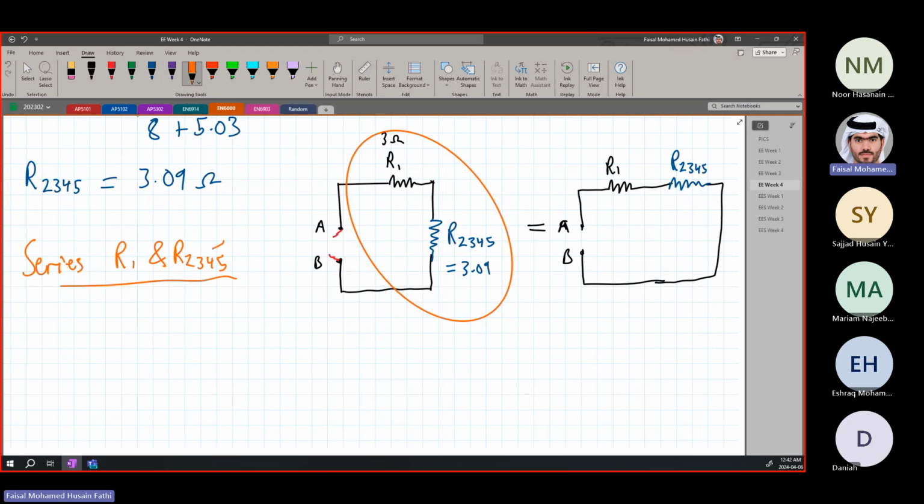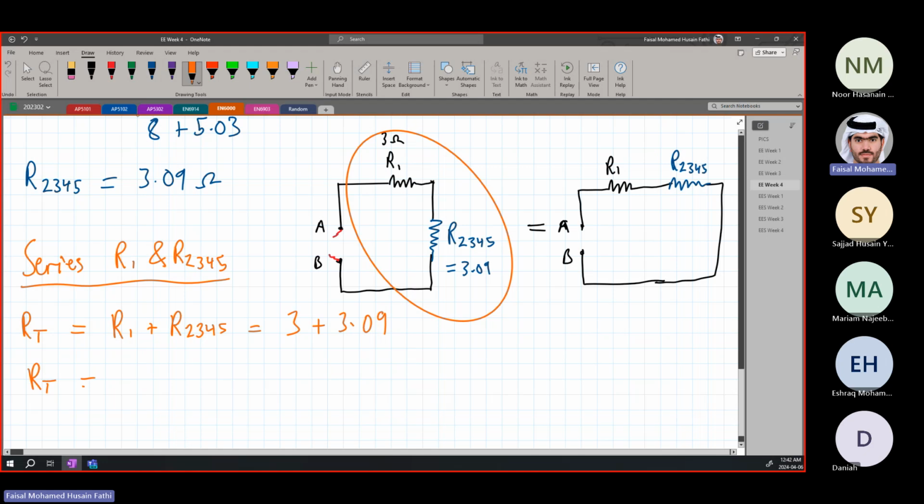Let's call it RT. RT is equal to R1 plus R2345, because they are in series. So it's equal to 3 ohms plus 3.09. So our total is simply going to be equal to 6.09 ohms.